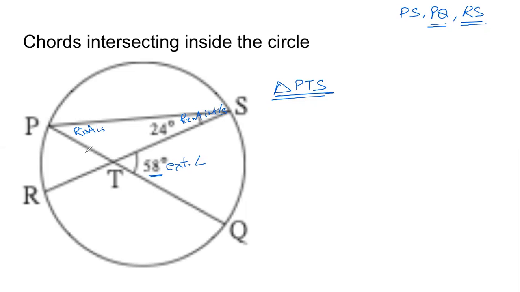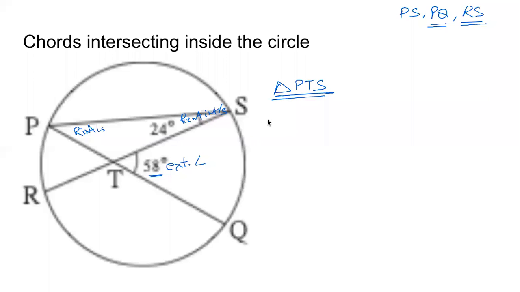Please confirm that this is clear. Are we able to identify the exterior angle and the remote interior angles? Okay? This is what is happening. This is how they are related.